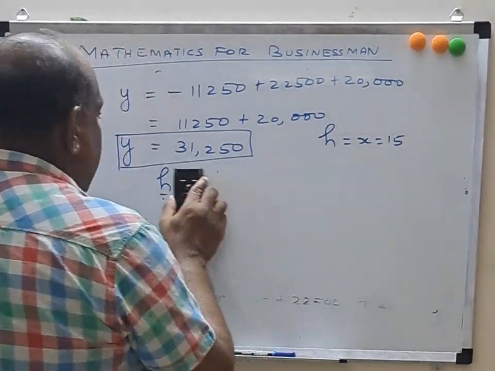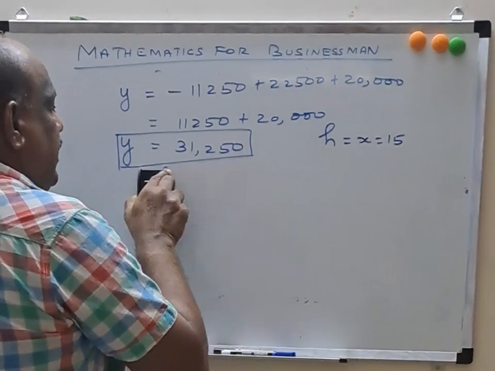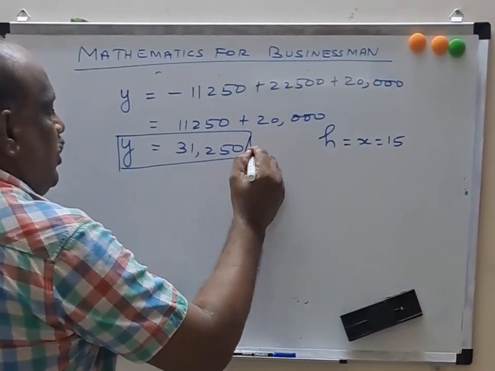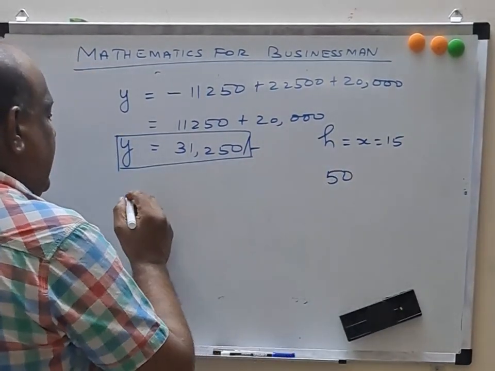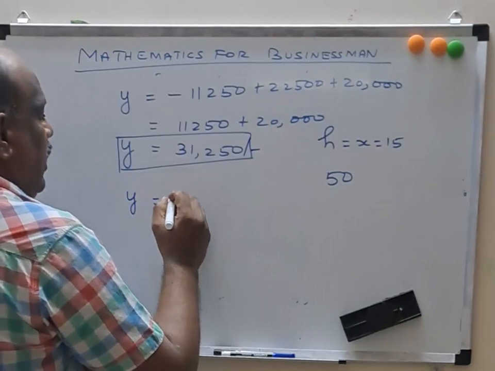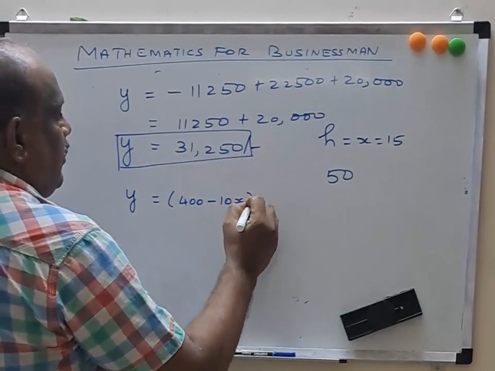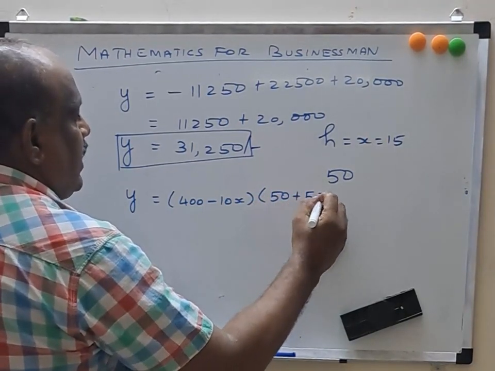x equal to 15. So the total income he gets by raising the price of the ticket 15 times is 31,250. Whereas when the price of the ticket is 50 rupees with no hike, the value is 400 minus 10 into x, into 50 plus 5 into x.